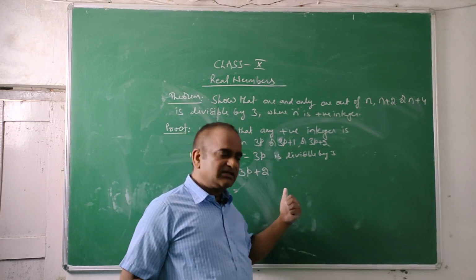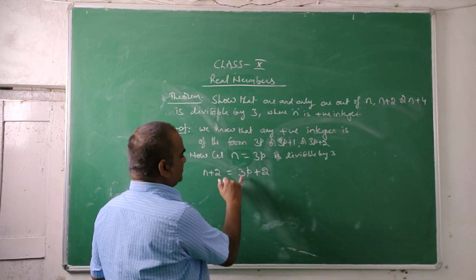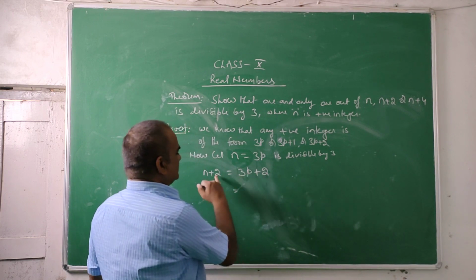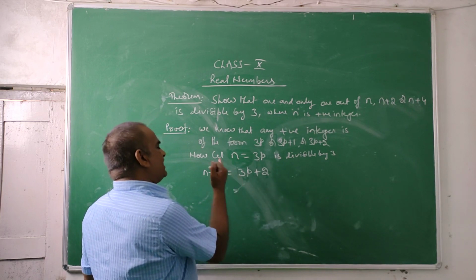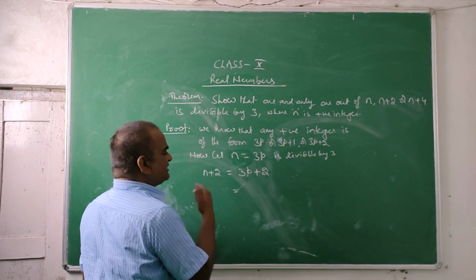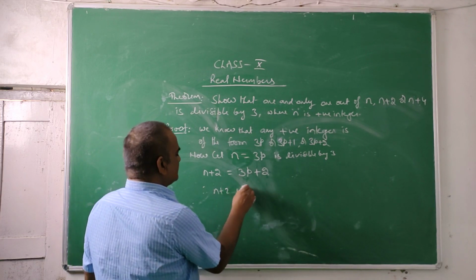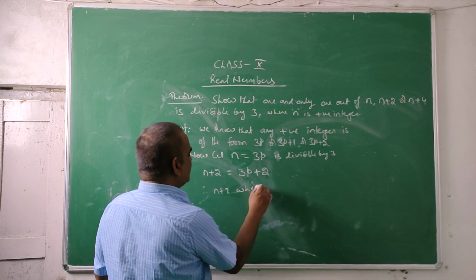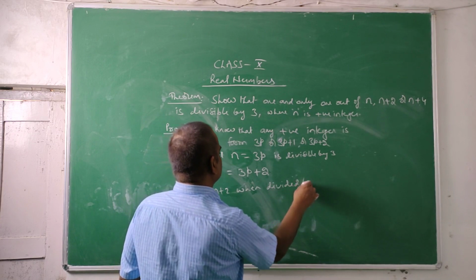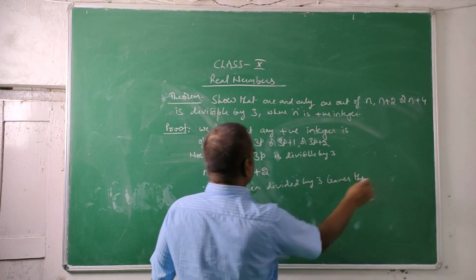Did you understand? So when n plus 2 is divided by 3, you are getting quotient p and remainder 2. Means when you are dividing n plus 2 by 3, it is leaving some remainder. Right? So it is very clear that n plus 2, when divided by 3, leaves the remainder 2.